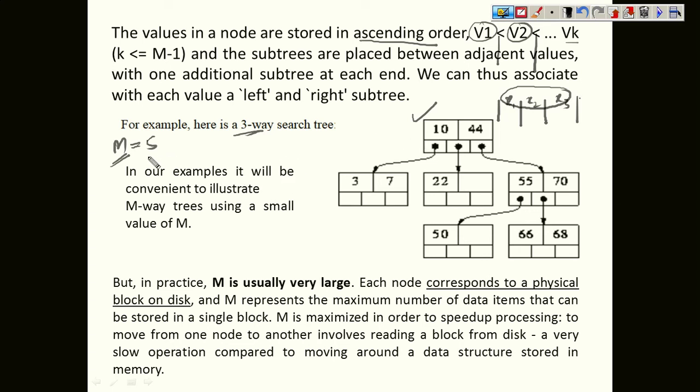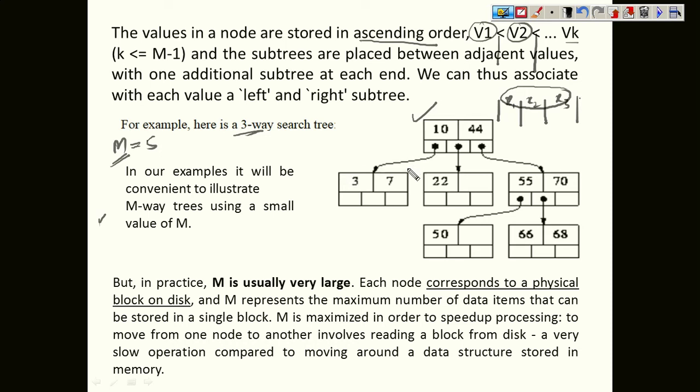So when we talk about the M-way tree, the simplest tree that we can think about is the three-way, because a two-way is already a binary search tree. Then we have three-way, four-way, five-way, and so on. So the simplest to assume is the three-way search tree. Here we have taken an example of a three-way search tree just to understand how these trees are represented.